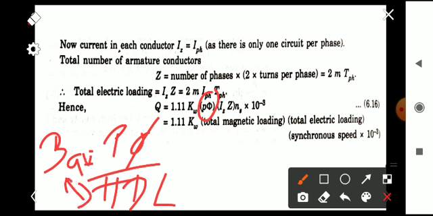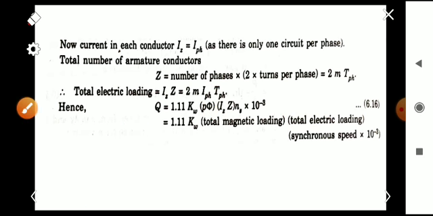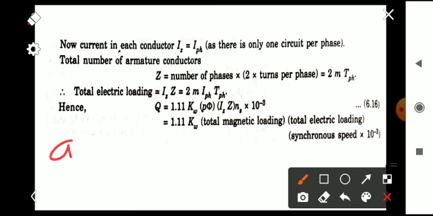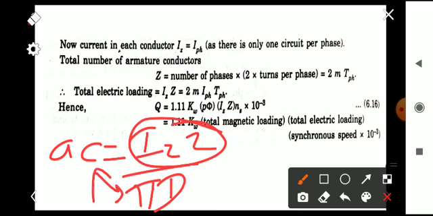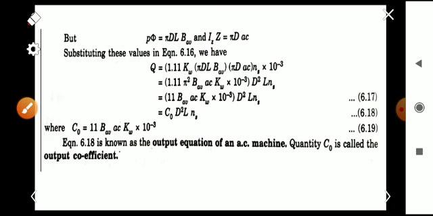Also the specific electric loading is equal to IZ into Z by pi d, so instead of IZ into Z, just substitute AC into pi d. So you can see P phi is equal to pi dl into BAV and IZ into Z is equal to pi d into AC.